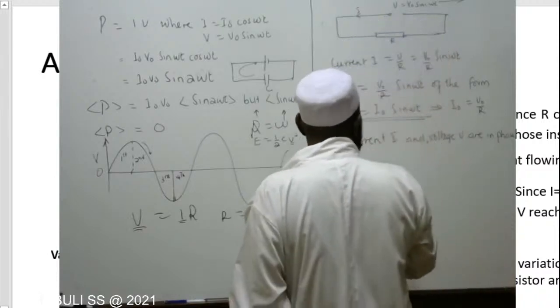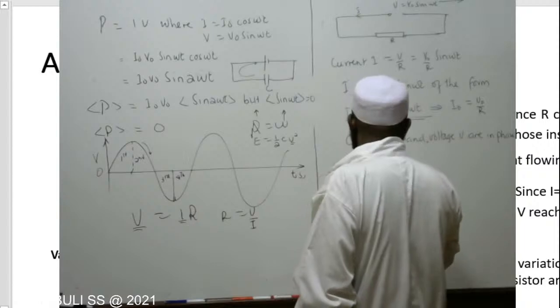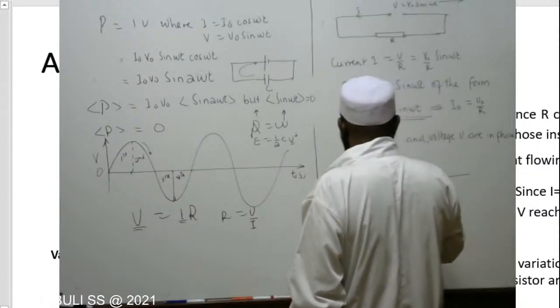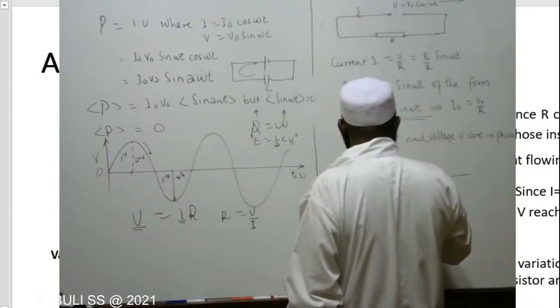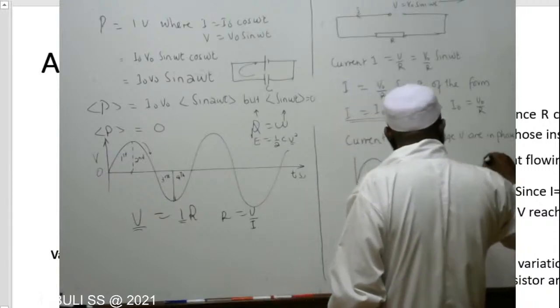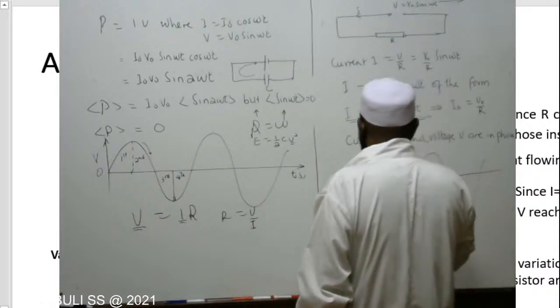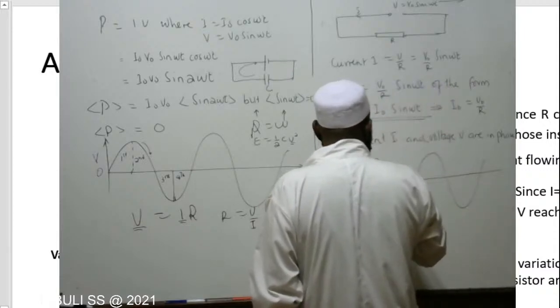So graphically, variation of current and voltage is now going to be in this form. If that is the graph for voltage, then this will be the graph for current.